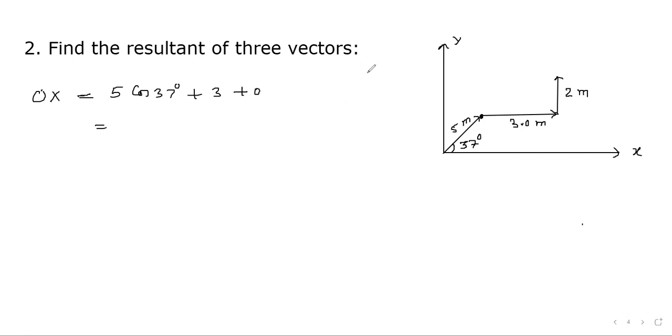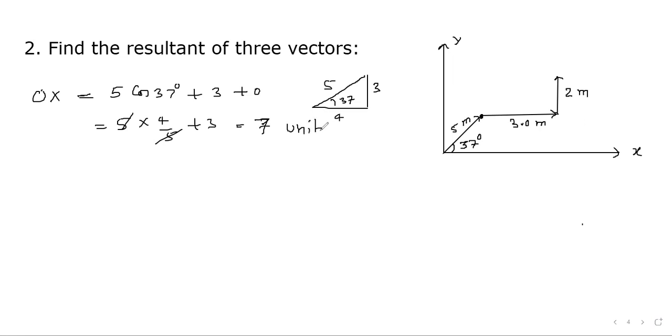And the cos 37, we can evaluate. So this is 37 degree, then this will be 3, this will be 4, and this will be 5. So 5 into 4 upon 5 plus 3. So this will give 8. Sorry, not 8. 5 will cancel out, so it will become 7.